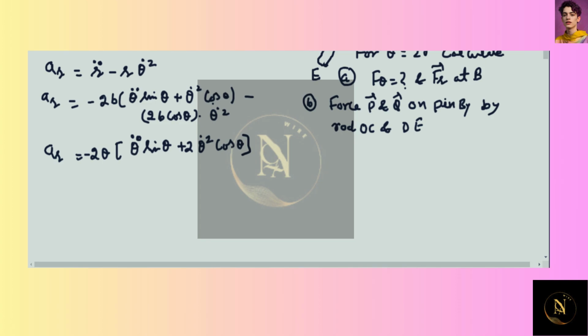Substituting the value, you will get 2 into b. b is given 20 inch, so 20 by 12.